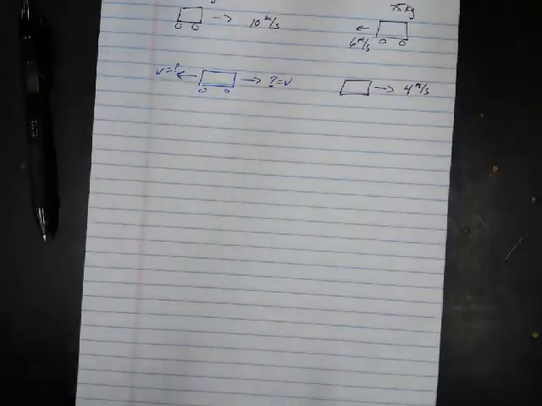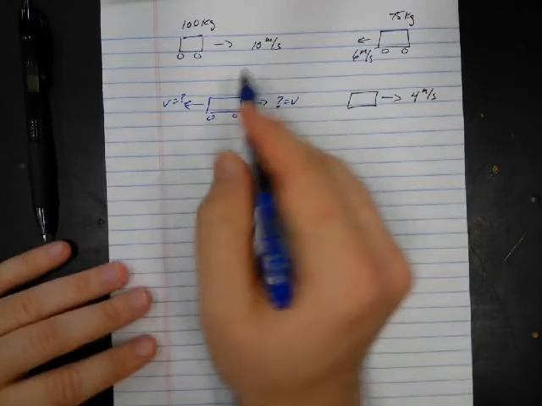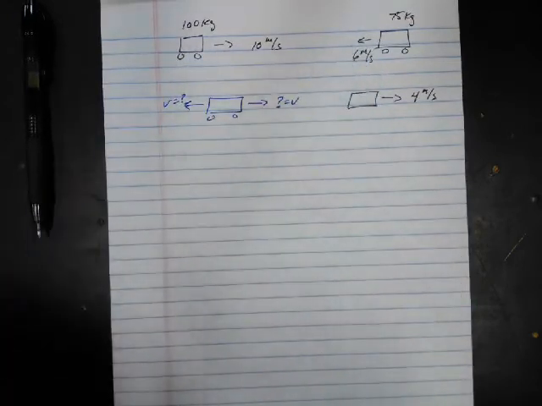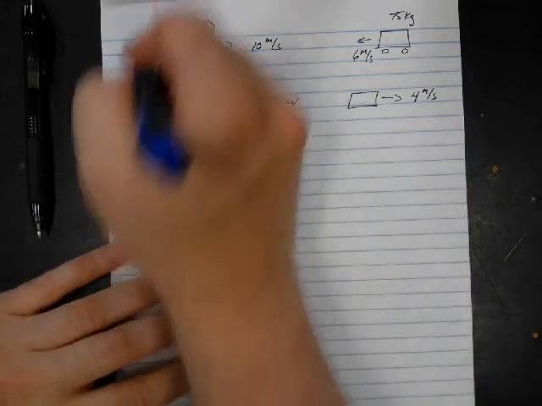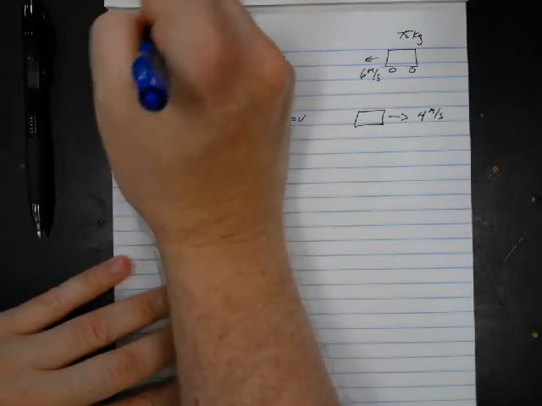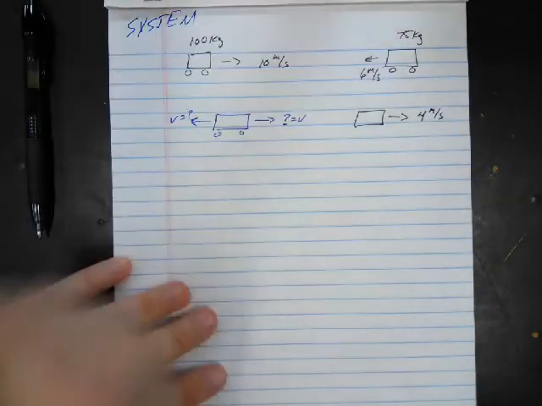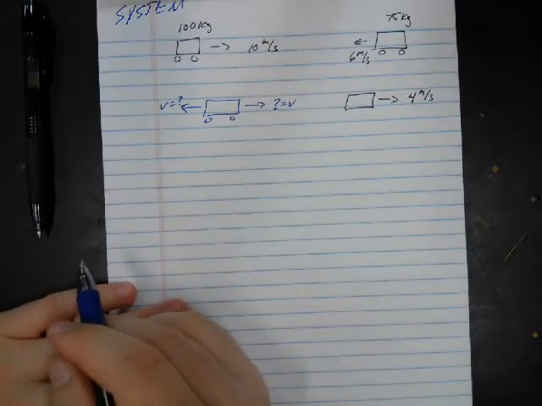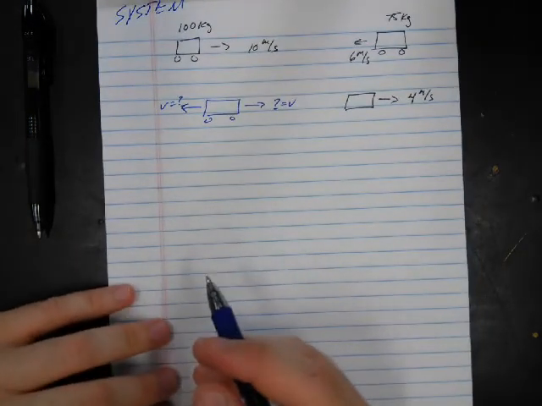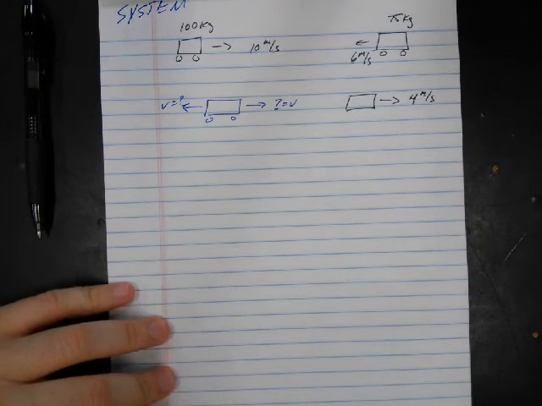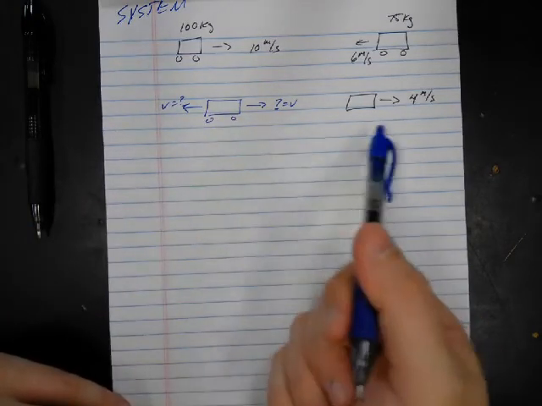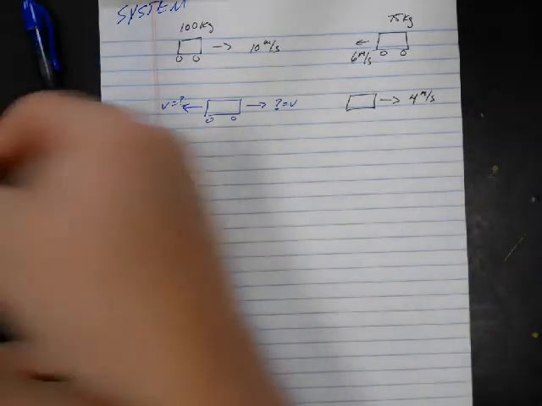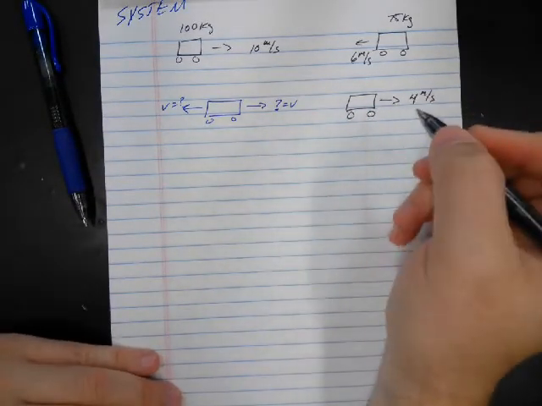But what we want to do is look at this and say, we're trying to figure out a property of both objects. We're going to include this. All right, this is our system. And external to the system is things like the earth, the ground that's holding it up, the weight force that's pulling it down. And those things aren't going to affect the motion of these two carts.